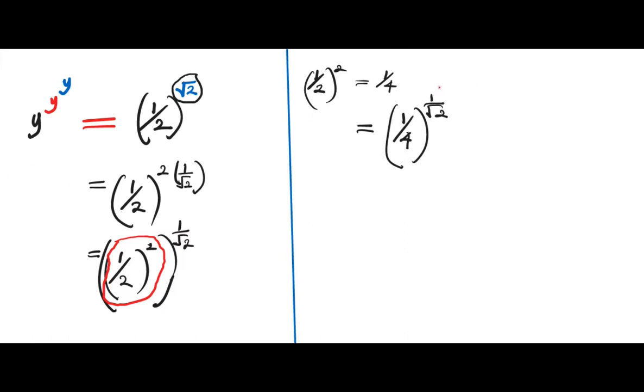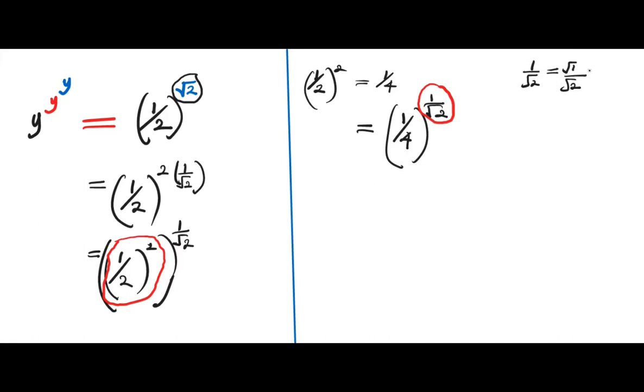So let's focus on 1 over root of 2. 1 over root of 2 can be written as root of 1 all over root of 2. Okay, you know, root of 1 is 1 over root of 2, so it simply means the same thing, right?